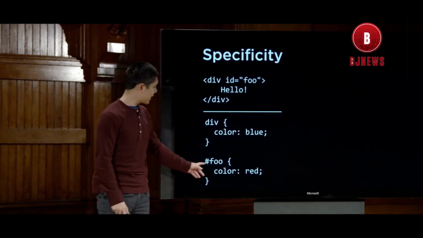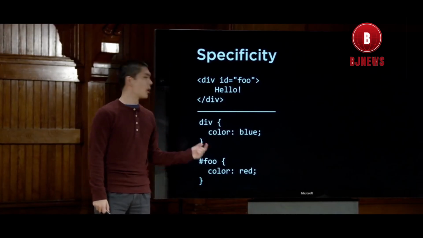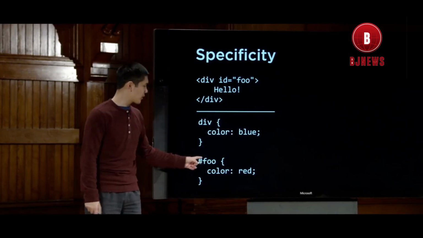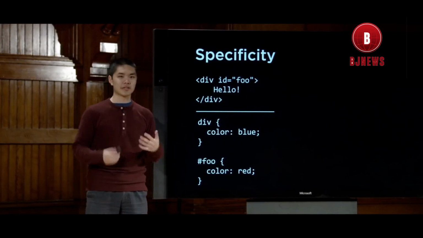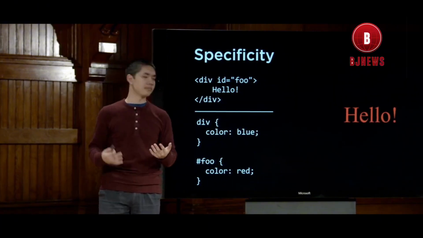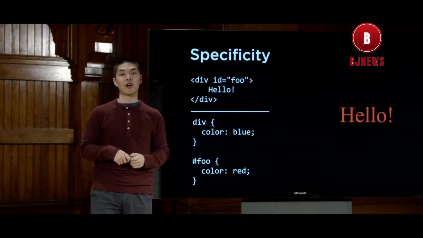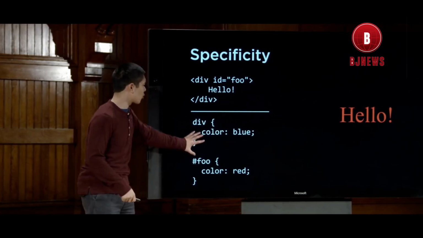But what happens now if we add anything with ID foo should be colored red? Well, because ID has higher specificity than just an individual tag, this hello is going to show up as red. The ID is more specific, and so this element is going to show up red instead. And it doesn't matter what order these are in.